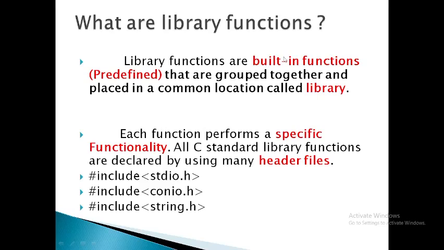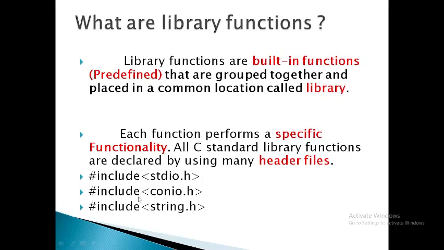Okay, so there are so many functions. Each function performs a specific functionality. Printf is a function. What is the functionality of printf? It will print something. Clrscr is a function. What is the functionality? It will clear the screen. So every function will have some functionality, and all the standard functions, library functions, are declared by using many header files.